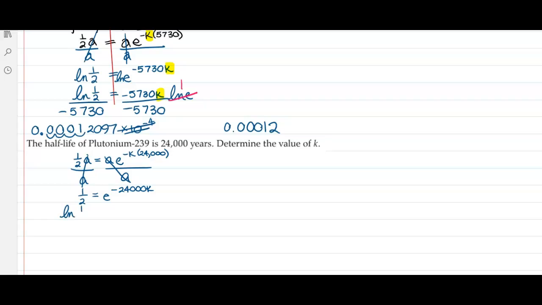I take the natural log of both sides. My exponent can now become my coefficient in front of the logarithm.